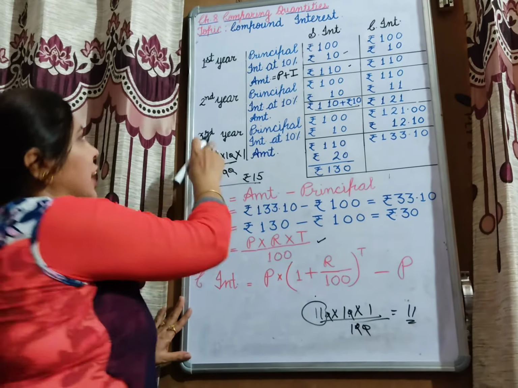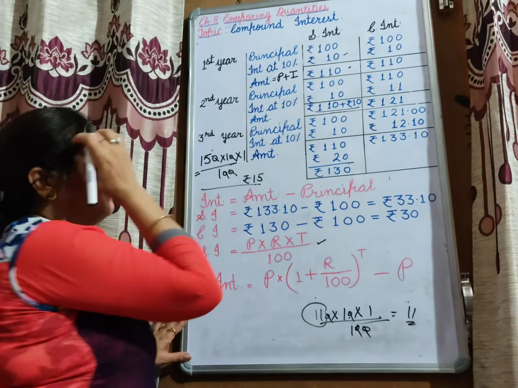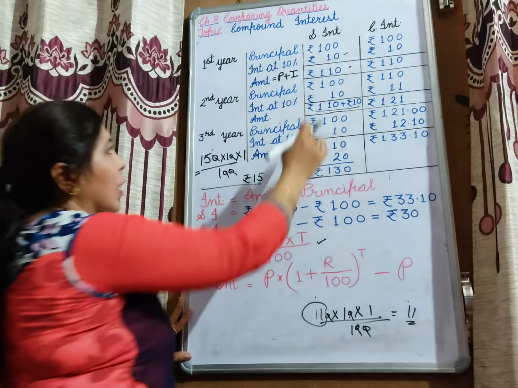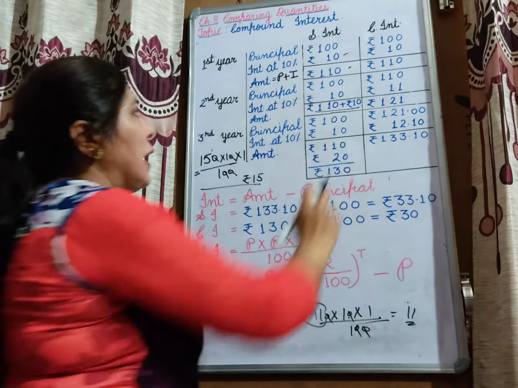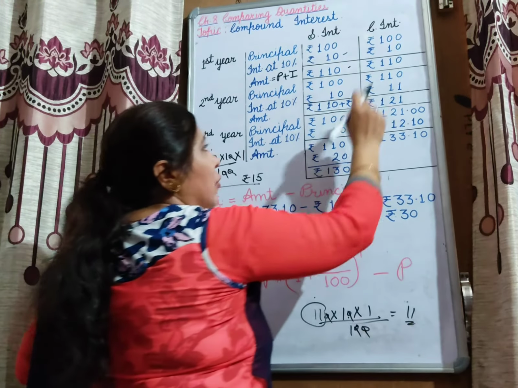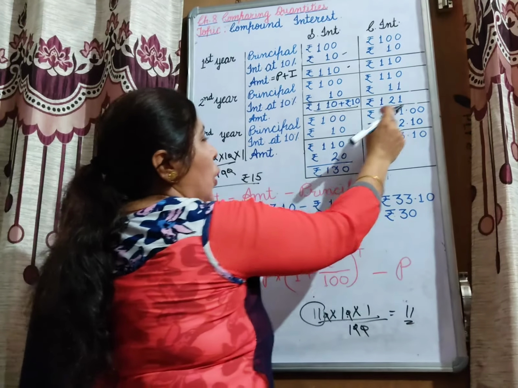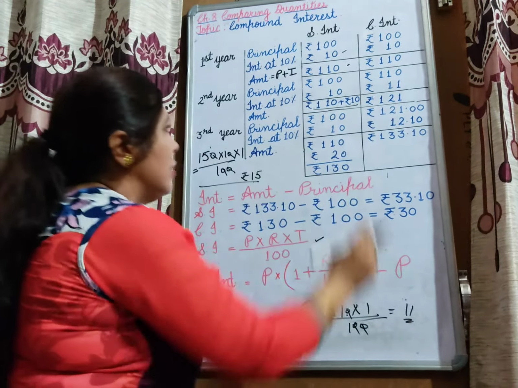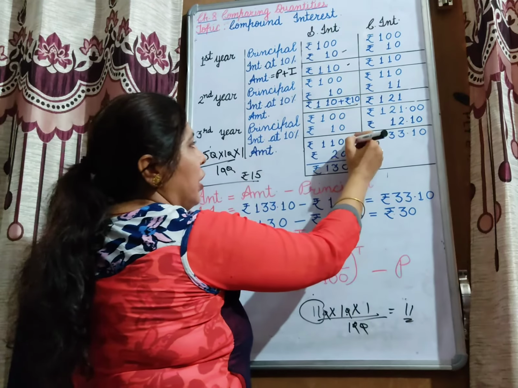Now the third year is also included. We have to find for the third year also. Principal will be same in simple interest.